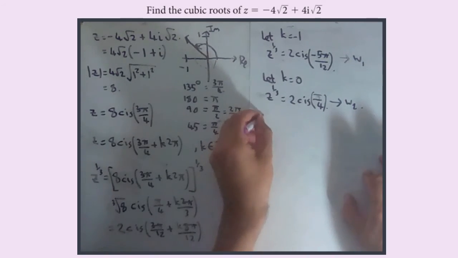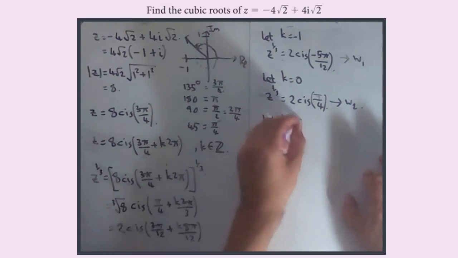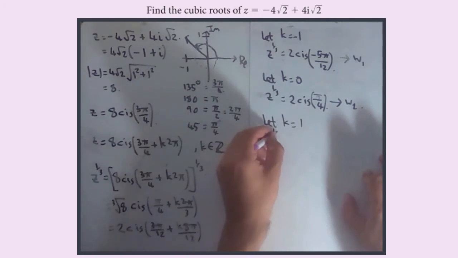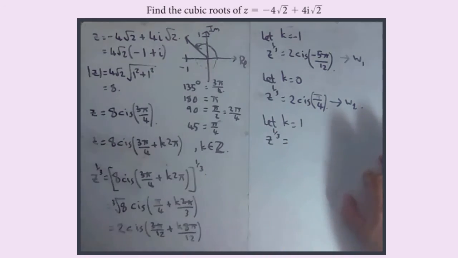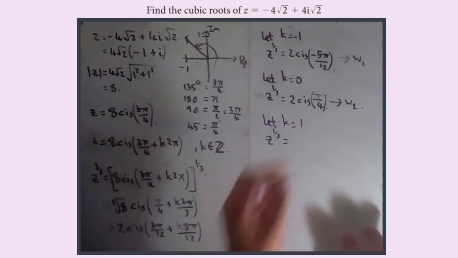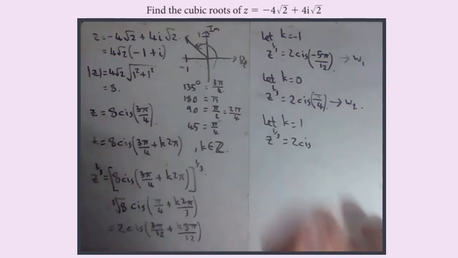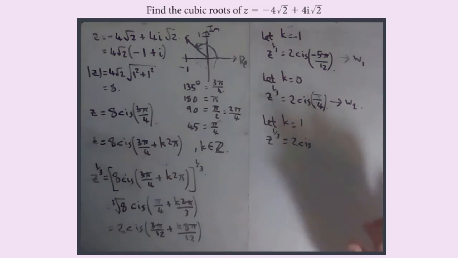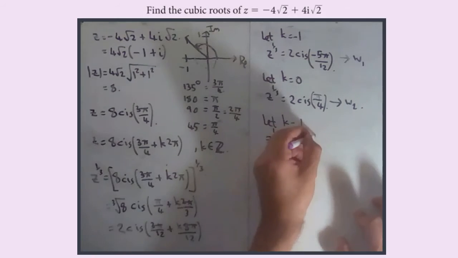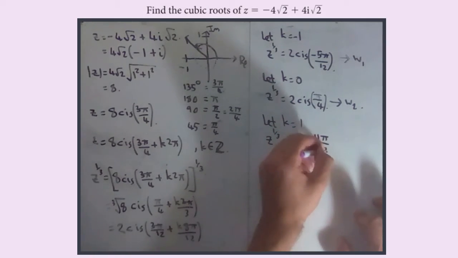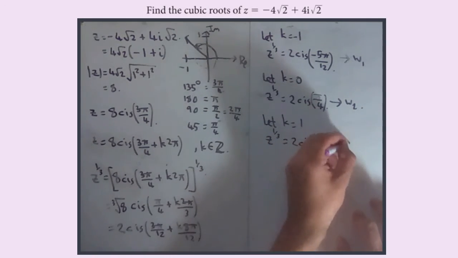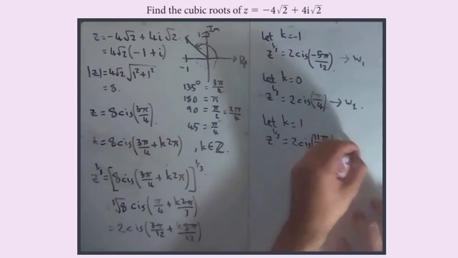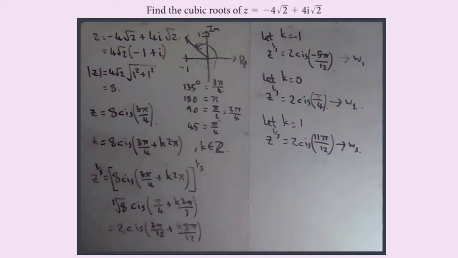And if we let k equal 1, z to the power of a third is going to equal 2 cis, well, it's 3 pi by 12 plus 8 pi by 12, so that's 11 pi by 12. And that can be the third root, and because it was a cubic, I now know I'm finished. So I've got my 3 cube roots. I'm going to represent these on an Argand diagram.